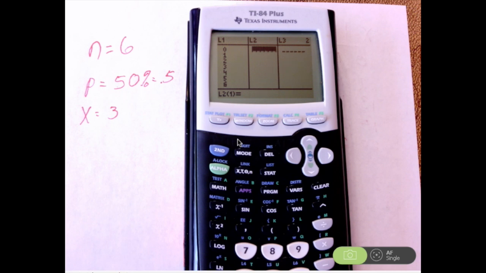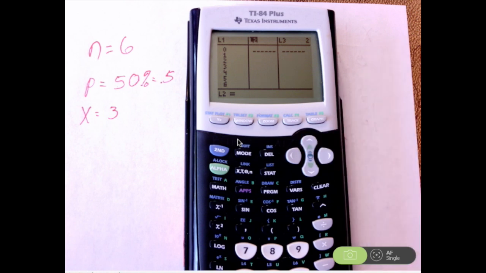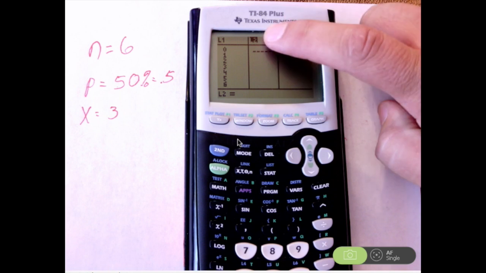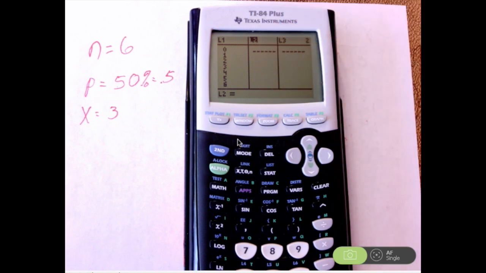Now, please do not forget to put the 0. That is a possible outcome. My second column, I want to make a probability table. So I'm going to arrow up to the actual L2, not in the list, but the actual title of the list. If you come up here, you can actually put a formula and it will automatically fill everything in for you.